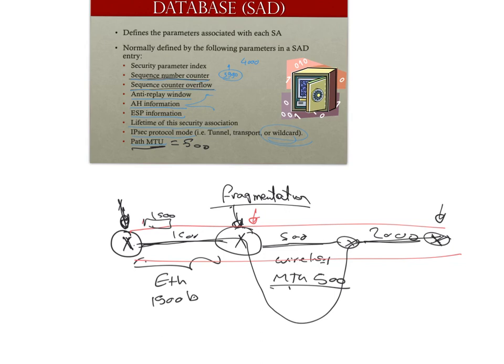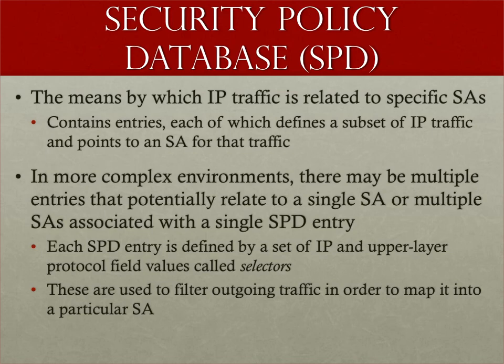So it guarantees that, even if you go through any route, there will be no fragmentation inside the tunnel. Okay. So these are the fields, and actually there are some other fields, but these are the most important ones. We'll talk about how they are used in more detail.